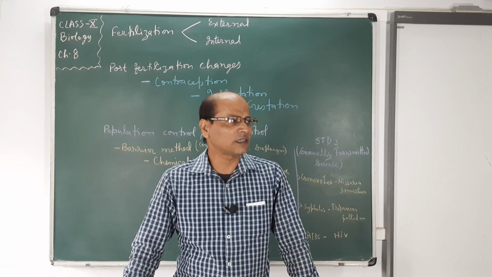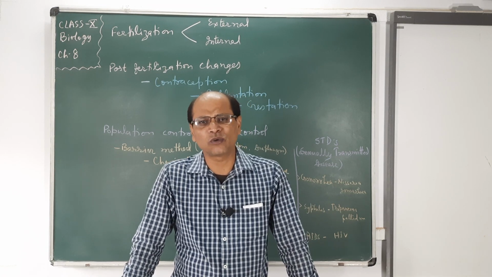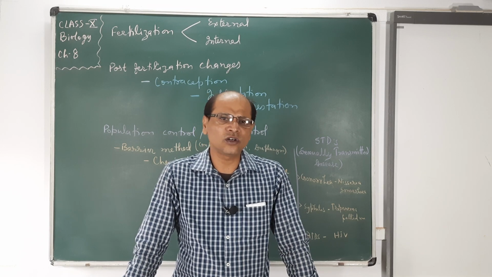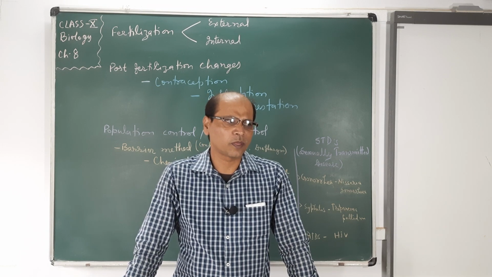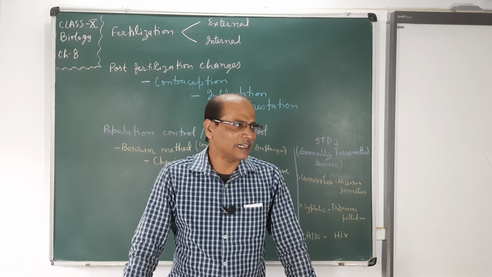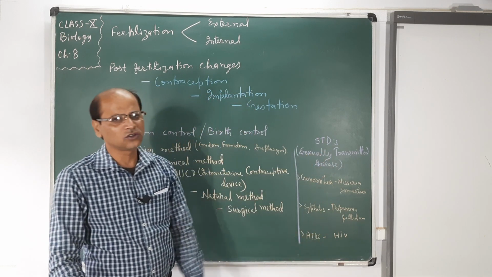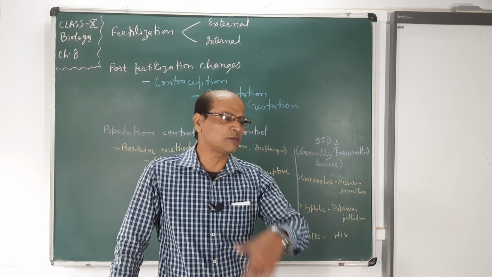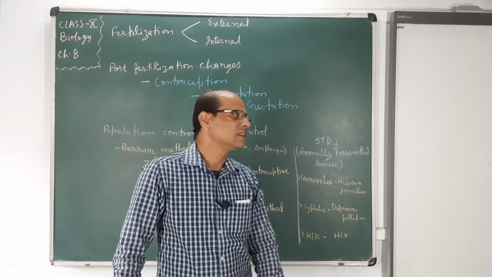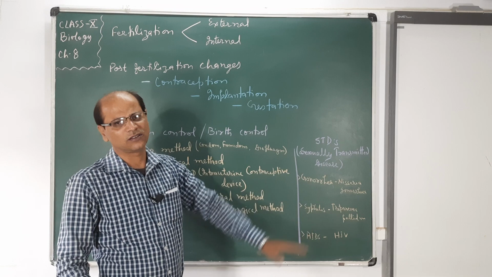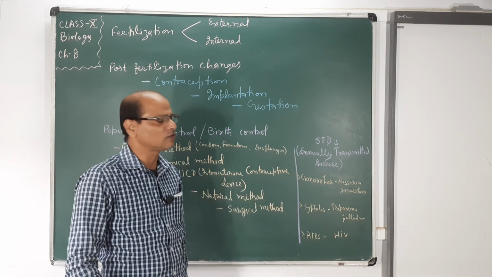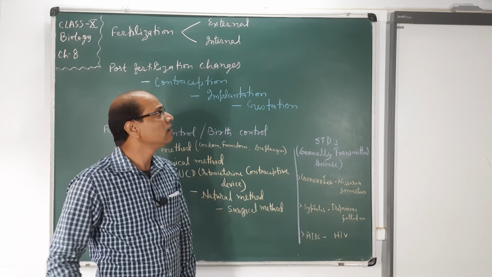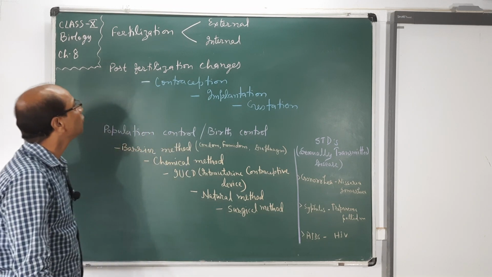So how do we control the population, what are the devices by which we can control it? After that, diseases caused by bad reproductive habits, or we can say sexual transmission. They transmit from one to another and cause harm to our health. So this is the topic we study today.